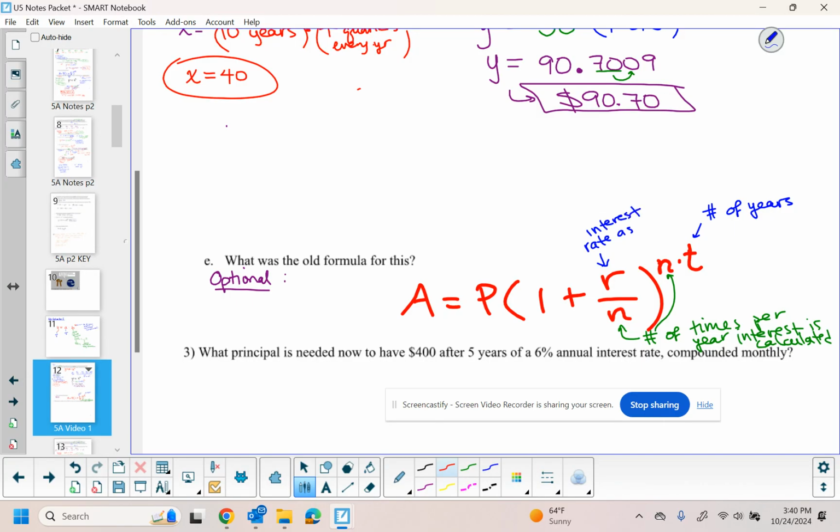So in this case, it would just be 0.06. The 1, that's the 100%. P is your principal or your starting money. And A is your account balance or your ending money. So all we've done is we've replaced the A with a Y, replaced the P with an A, and 1 plus R over N is your B, and N times T is your X.